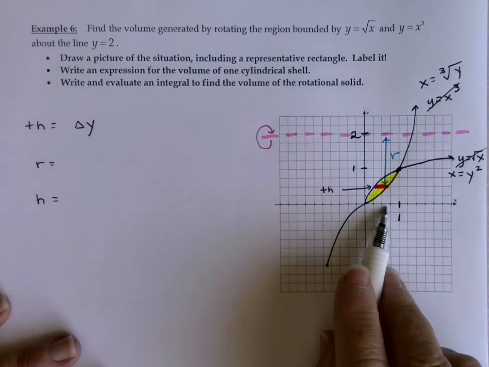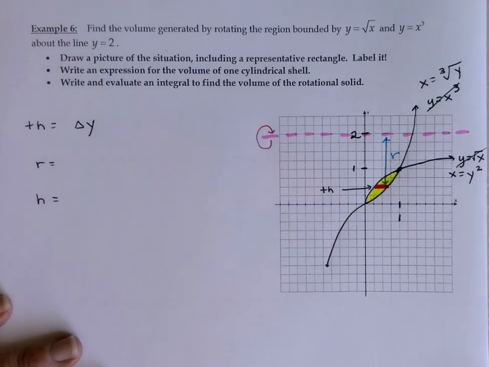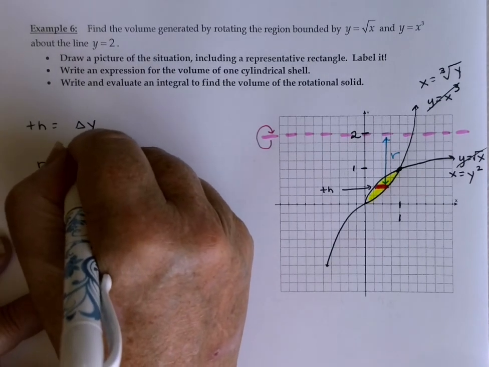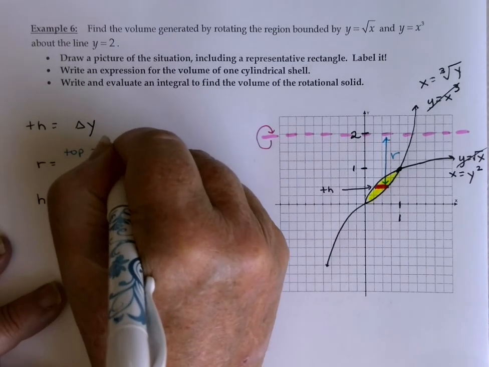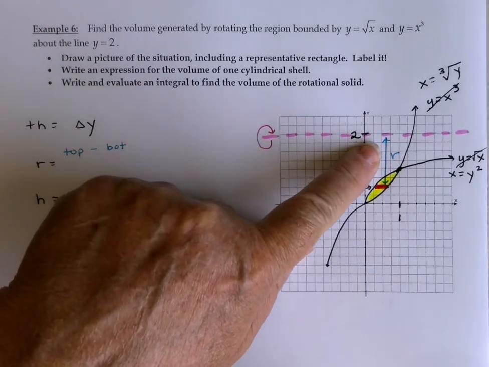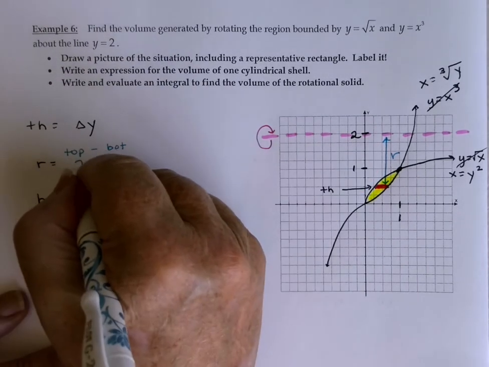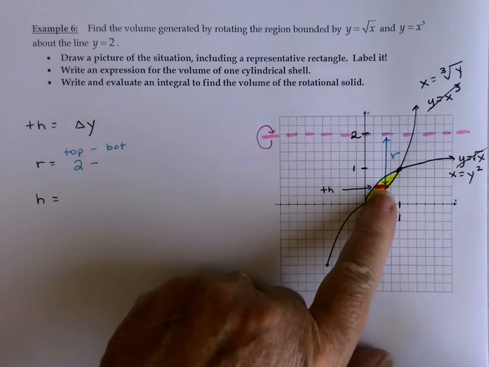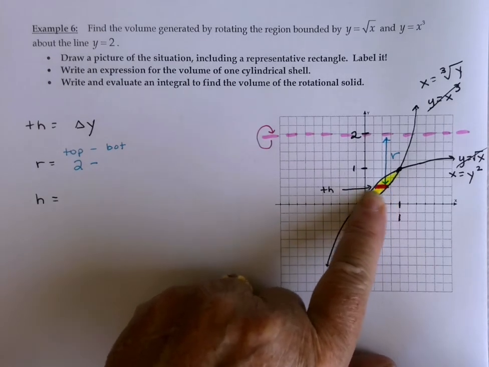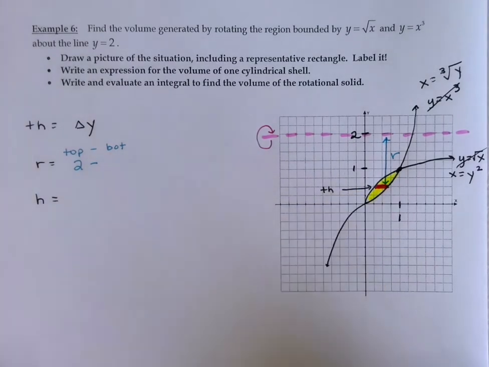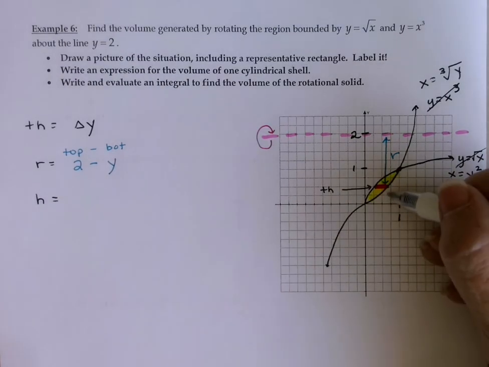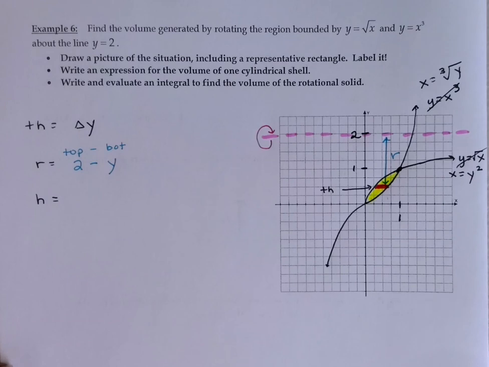Now this does not go all the way down to the axis, so I can't just call it y this time. I'm going to have to think top minus bottom. The top of that radius is up here at 2, and the bottom is at whatever y value I drew the rectangle at. So the y value itself would be down here. I've got 2 minus that y value for my radius.